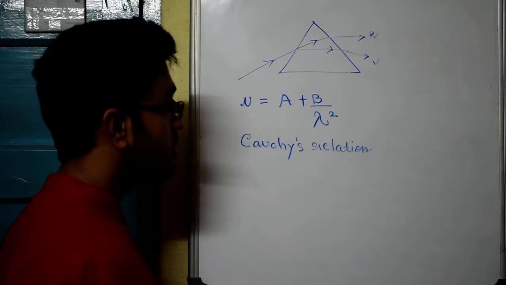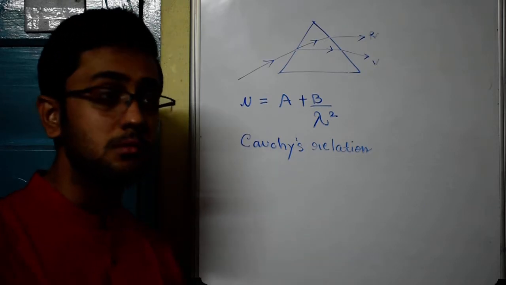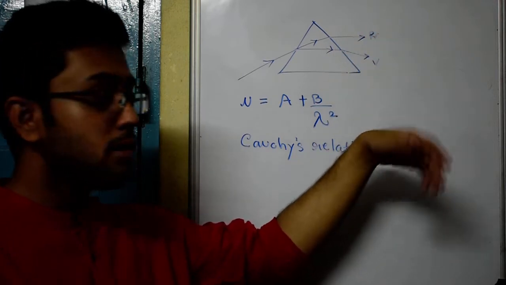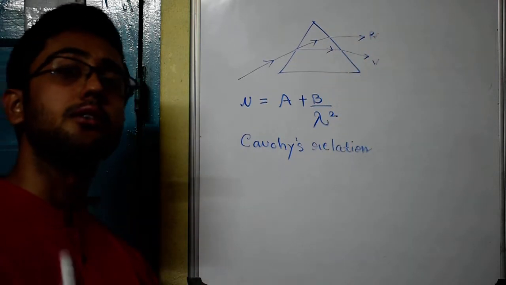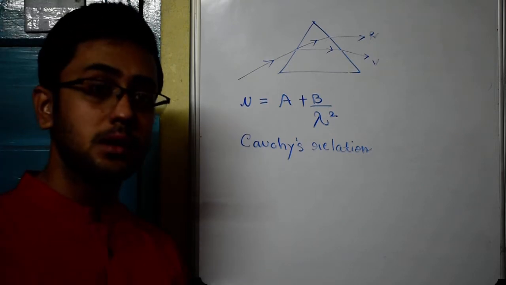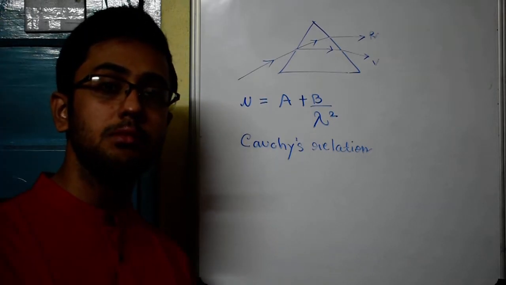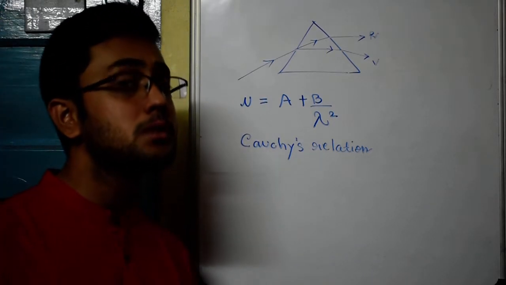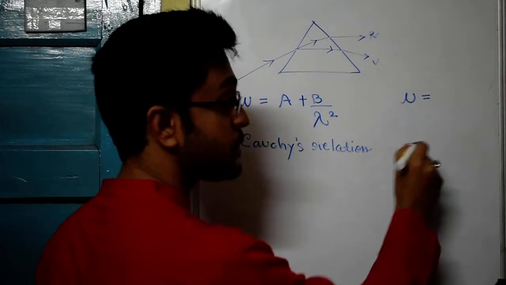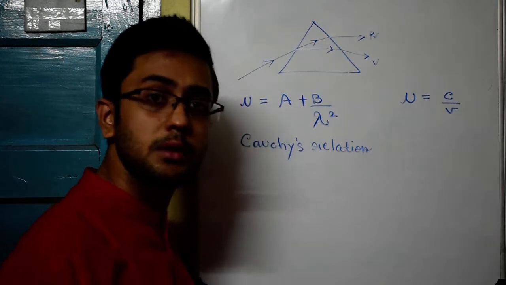So we know that greater the wavelength, smaller is the mu for that medium. So greater the wavelength, in this case red, smaller the mu for red; smaller the wavelength for violet, greater is the mu for violet. And if for any medium the refractive index is high, that means in that particular medium the speed of that particular light will be smaller, because again mu, the absolute refractive index, is the speed of light in vacuum divided by the speed of light in that medium.